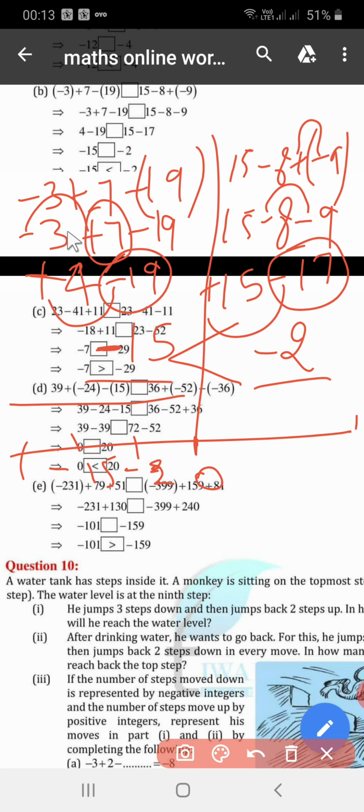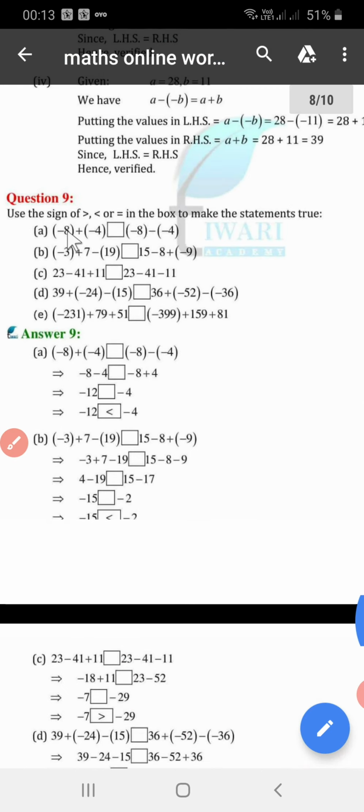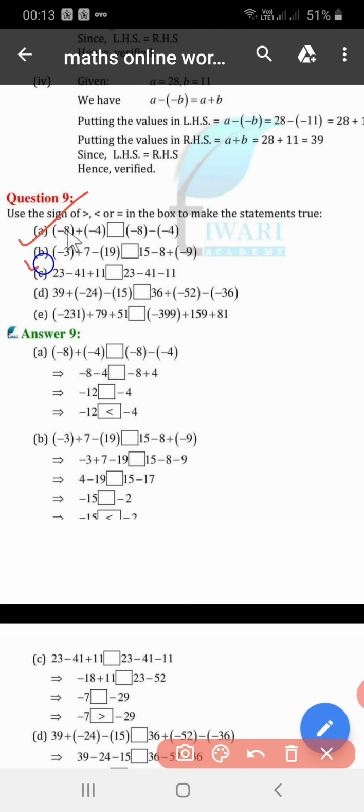As we move towards the right side, values will be in ascending order, so minus 2 is greater than minus 15. Okay students, clear? Now in question number 9, part A, B we completed.